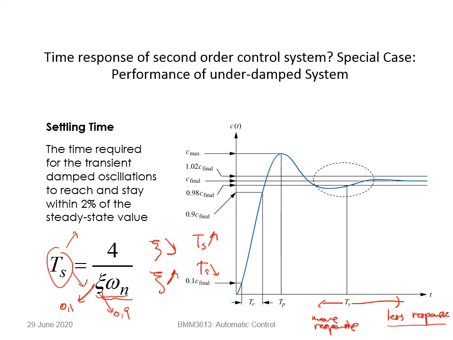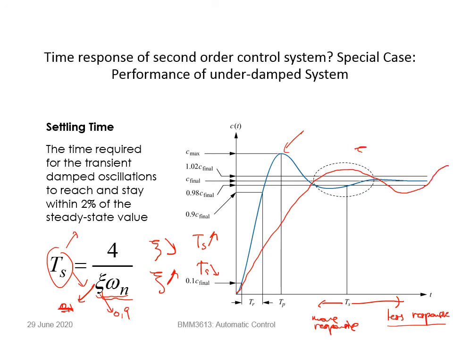So if we have a low damping ratio, you will see a large overshoot, and your settling time will also be late. It will be something that looks like this.